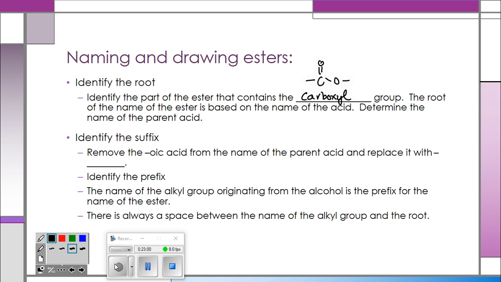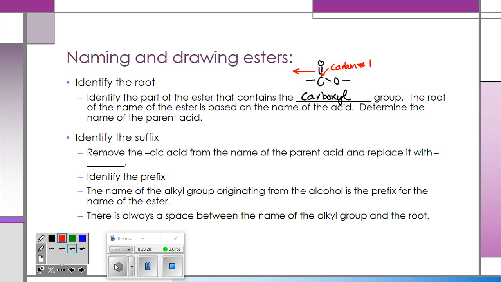Now, how do I know where the acid starts or which side of the molecule was the acid? Well, we know that anything on that side was from the acid. So you're looking for that double bond to the O because you know that this carbon was carbon number 1 in the acid. It had to be.